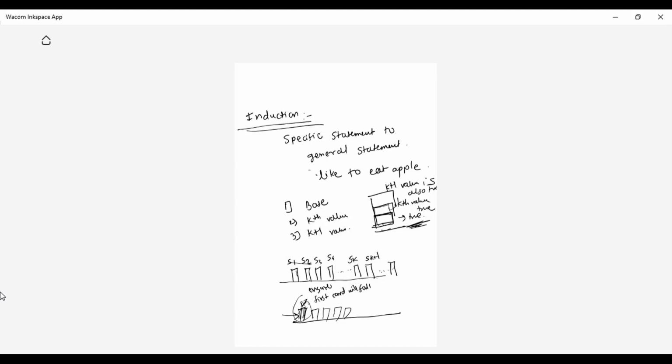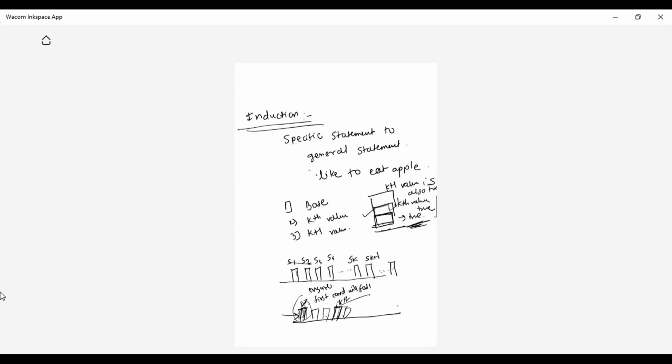Then we move to the kth value. If the first card is going to fall, any random card, so this card I'll pick, this is a random card, and I'm saying that this is the kth card. If the first card is going to fall, obviously this kth card is going to fall. So that is also true, right? If your base is true and your kth value is true, then what do you have to show?